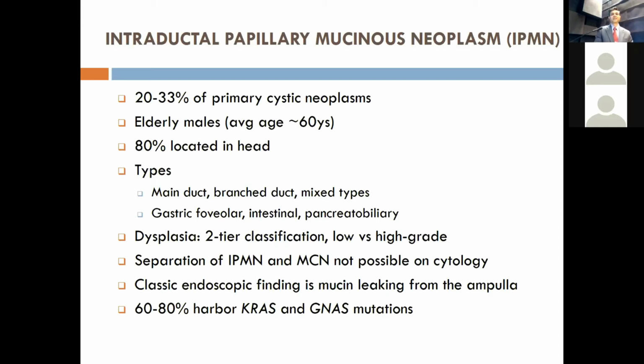This replaced the older three-tier scheme, in which dysplasia was graded into low grade, intermediate grade, and high grade. Now the low grade and intermediate grade are both categorized as low grade. 60 to 80% of these tumors harbor KRAS and also GNAS mutations.